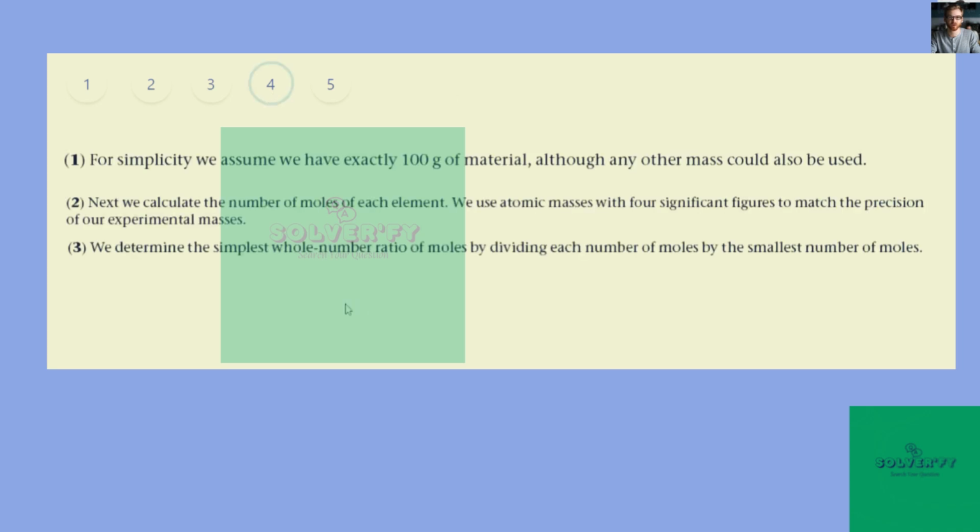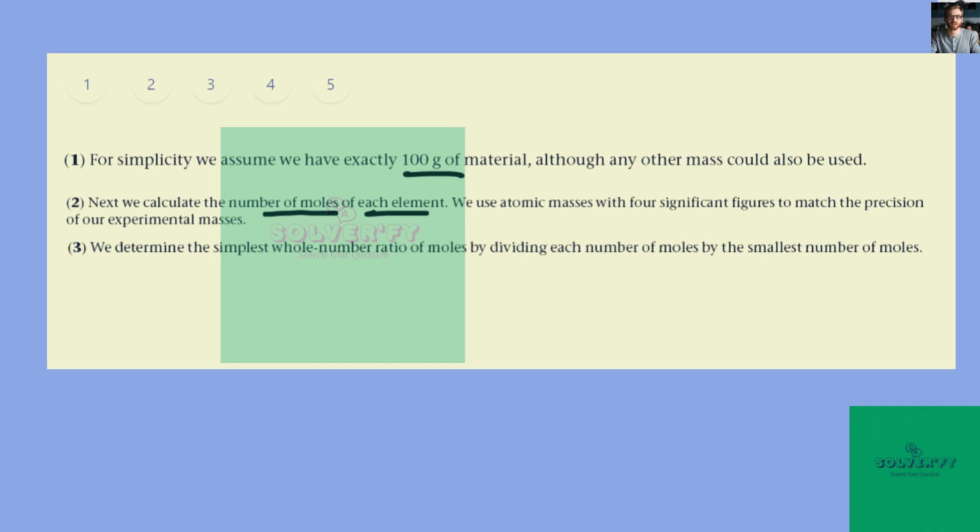The first rule here is we assume that the compound has a mass of 100 gram, and in that case the percent of each element will turn into the mass of each element, and from those masses we will find out the number of moles of each element.